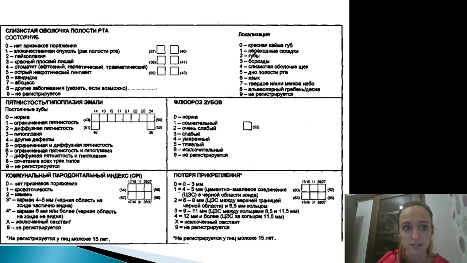First table, it is diseases of the mucous membrane. Second table, it is different defects. It is different diseases of enamel, of dentin, fluorosis of the teeth, and it is a periodontal index.